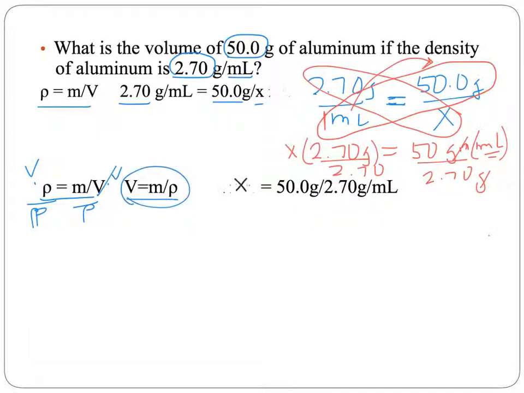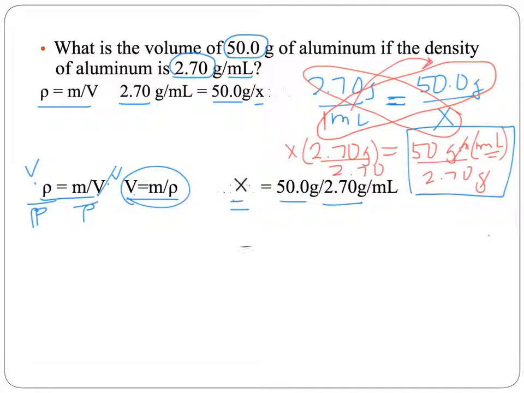So again, you would plug in then that your volume, your x, is going to be 50.0 grams divided by 2.70 grams per milliliter, which is essentially what you've got right here as the end result of cross multiplication. So in either way, you're going to get the same answer.